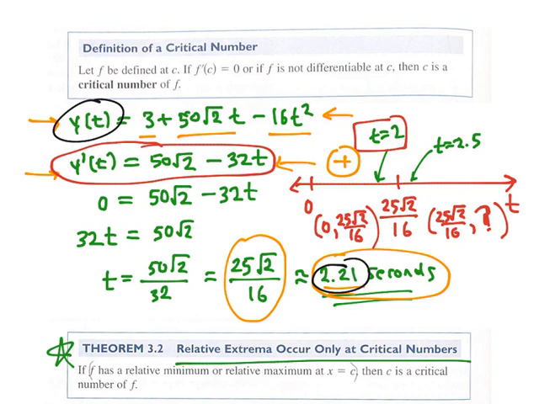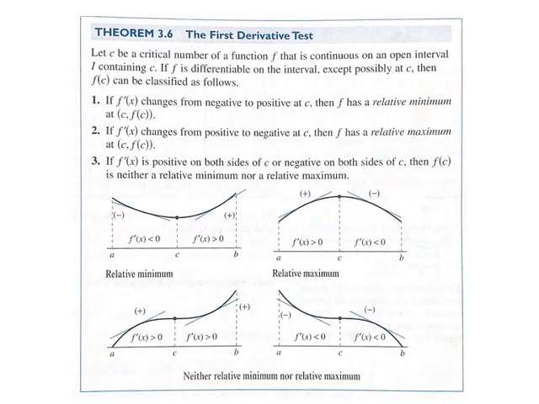And then if you check for the sign of the derivative at time is equal to 2.5, you will see that the derivative is negative, which means on the time interval after the critical number, the function y will be decreasing, which means the ball will be falling. So by the first derivative test, at the critical number, we must have a relative maximum of y of t. In other words, at the critical time, we must have a maximum height of the baseball by the first derivative test.